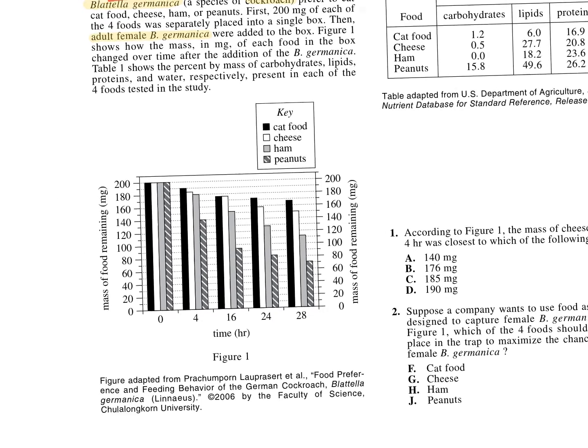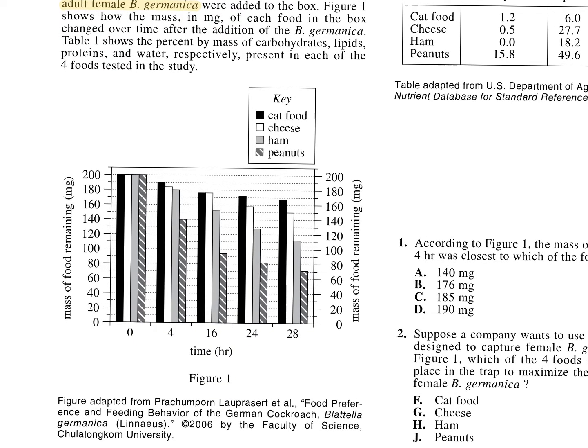Okay, here's figure 1. Right over here on the side is mass. Where is cheese? Cheese is this one right here. That's called a scale, a key, a table. Okay, lots of different terminology. At 4 hours, where's 4 hours? Here's hours, there's 4.